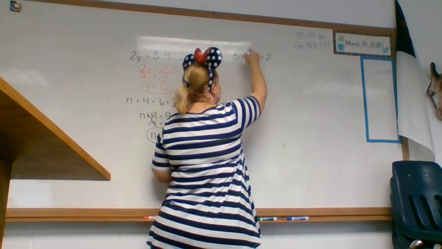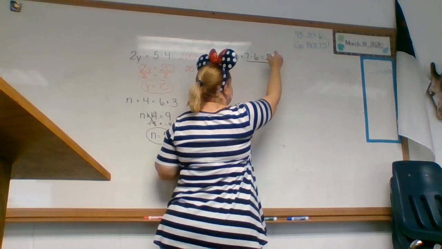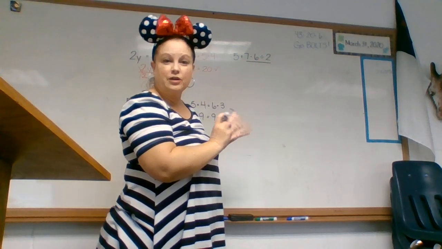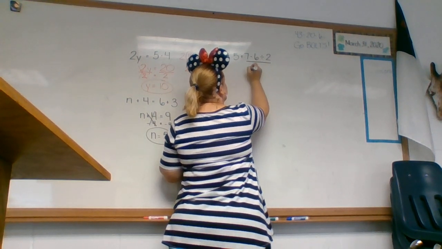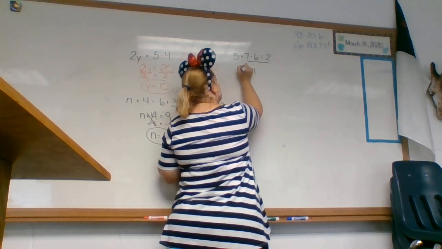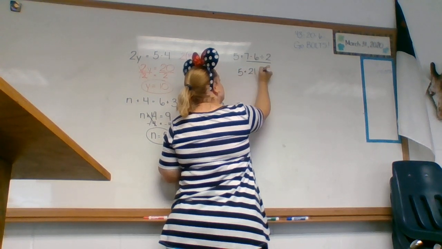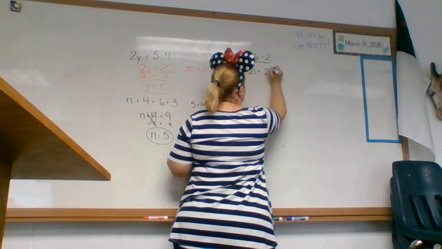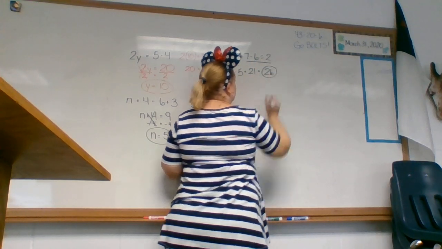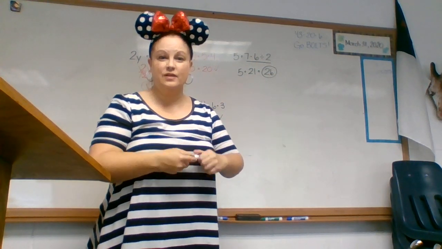I do have multiplication and division, and remember I told you when they're strung together, we just go left to right. So 7 times 6 is 42, divided by 2, 21. We still have a 5 and a plus sign, and since that's all that's left, we end up with 26 as the answer.